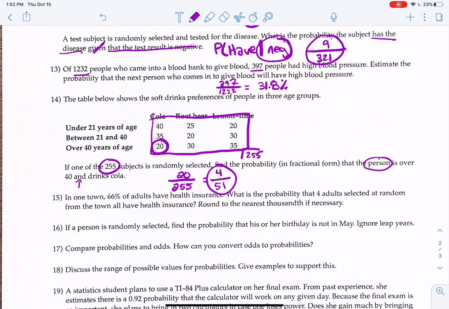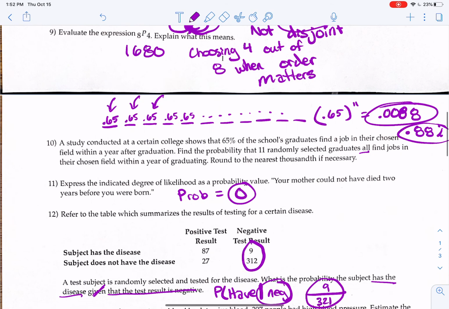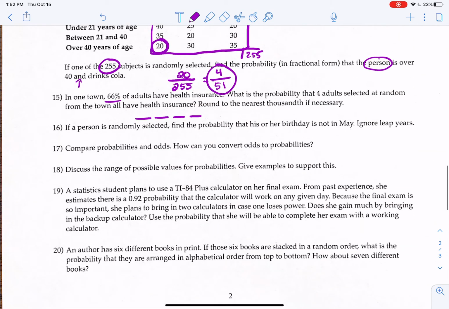Moving on, number 15. In one town, 66% of adults have health insurance. What is the probability that 4 adults selected at random from the town all have health insurance? This is going to look like the example up here, number 10. The first person has a 66% chance of having health insurance, the second person 66%, the third person 66%, the fourth person 66%.